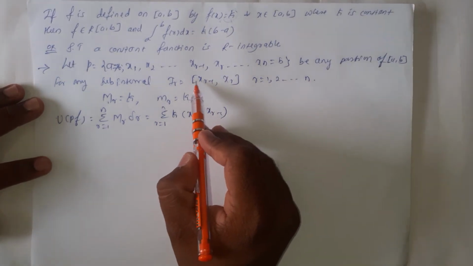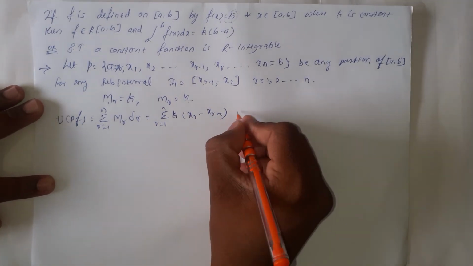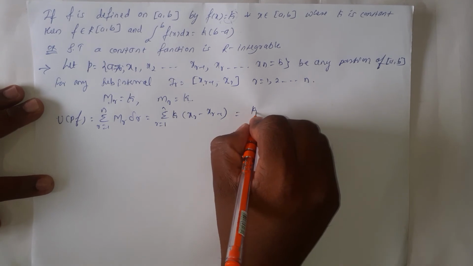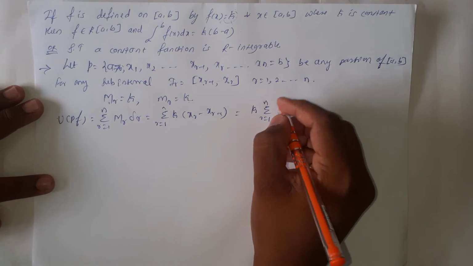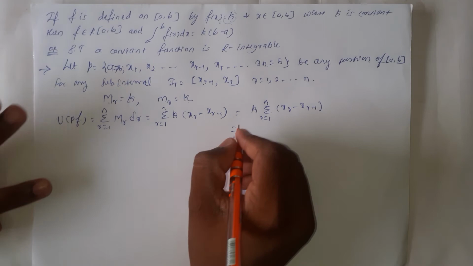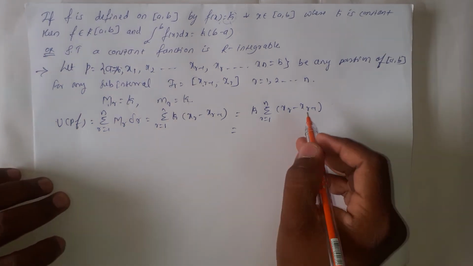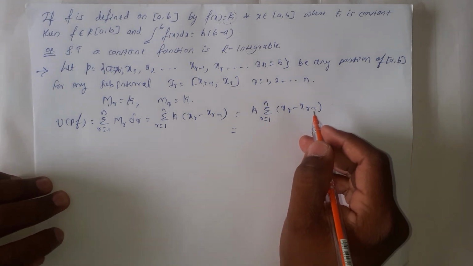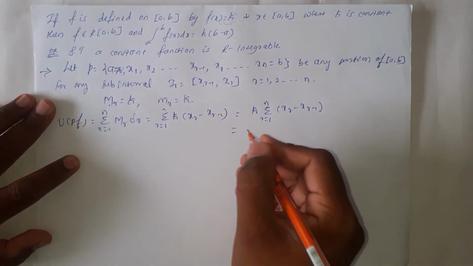So that is the length of the rth subinterval, upper limit minus lower limit of this interval, which is equal to k, as k is constant, we can take it out of the summation, then remaining summation over r is equal to 1 to n of xr minus xr minus 1. So here we already know one result, that the sum of all the length of each sub interval is equal to b minus a, means the length of the given interval, that we have proved already.